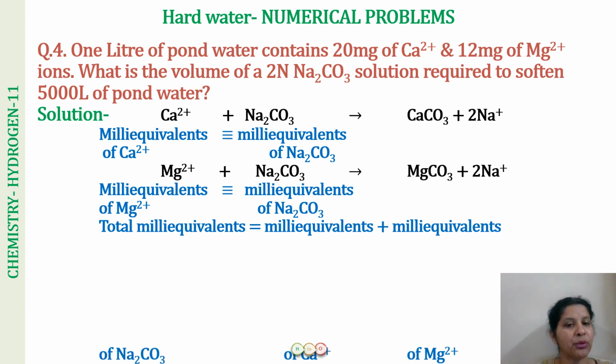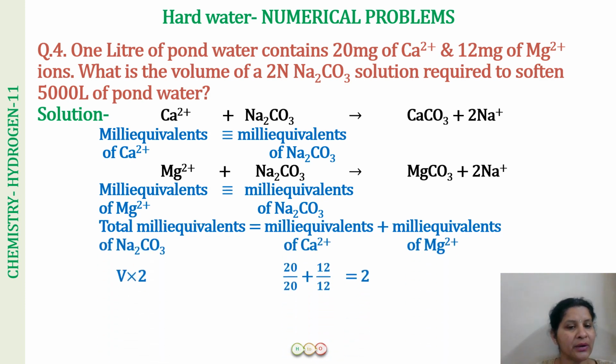Okay, so let us put down these values. So for sodium carbonate, 2 normal, so 2 multiplied by the volume, this will be giving us the milli equivalents of sodium carbonate. For calcium ions, we have 20 milligram of calcium ions. So 20 divided by 20, which is the equivalent mass of calcium, right?